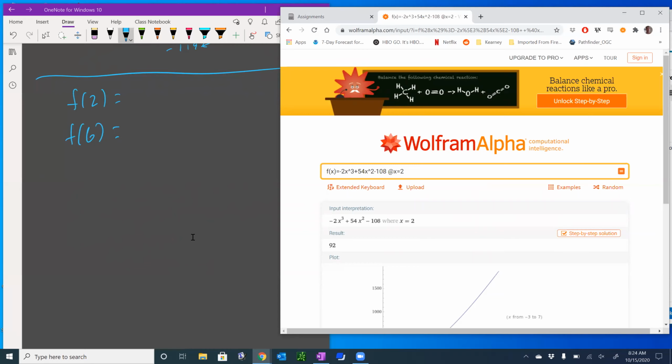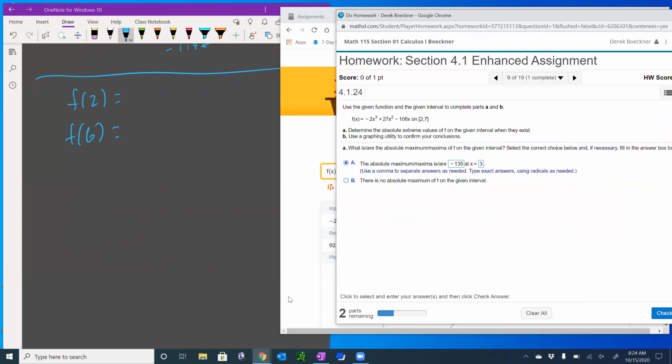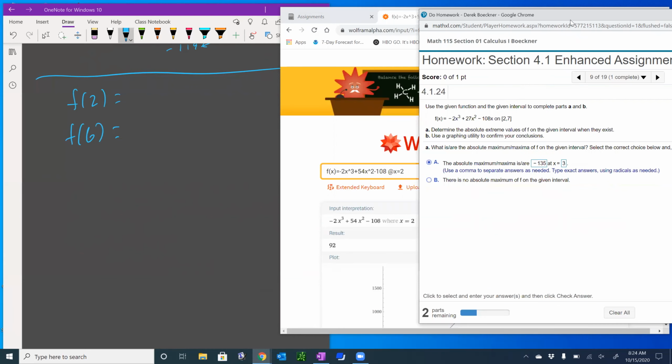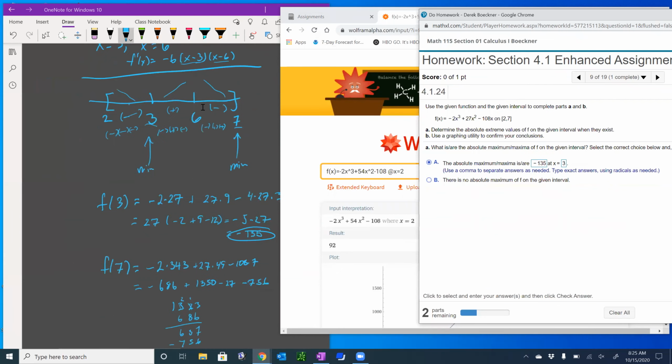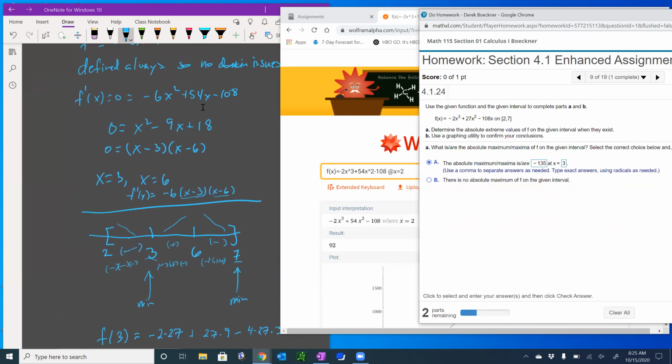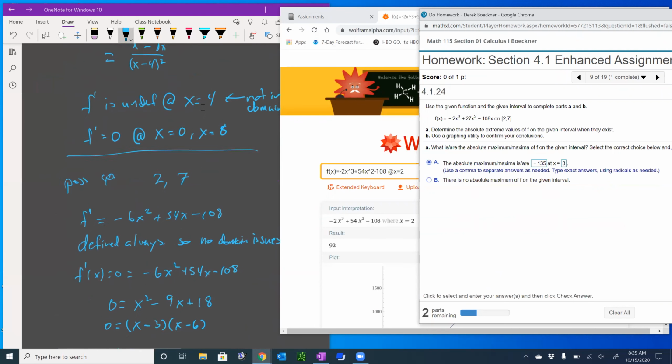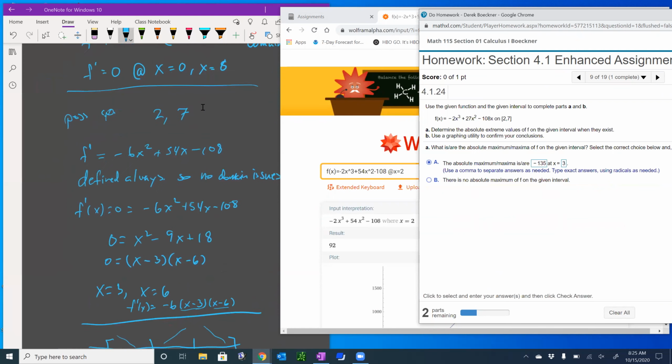Is that the right function? No, it's still not the right function. Why did I think there was a 54 there? Did I move this wrong? Oh, the 54 was in the derivative.